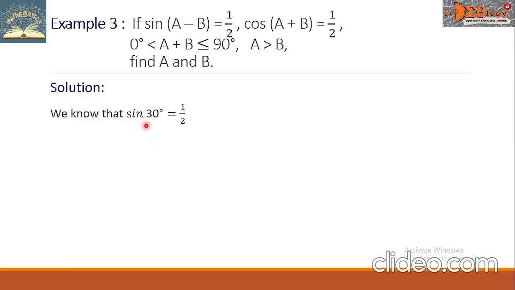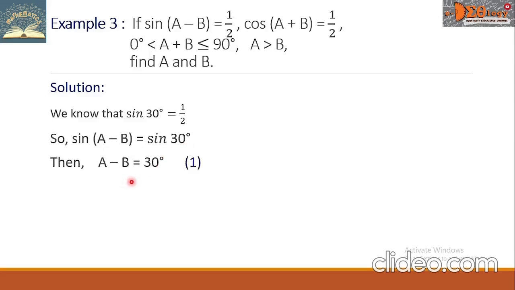We know that sine 30 degrees equals 1/2. Given here is sine of the angles A minus B equals 1/2. Therefore, the sine A minus B equals sine 30 degrees. We can simplify this further as A minus B equals 30 degrees. Let this be equation 1.